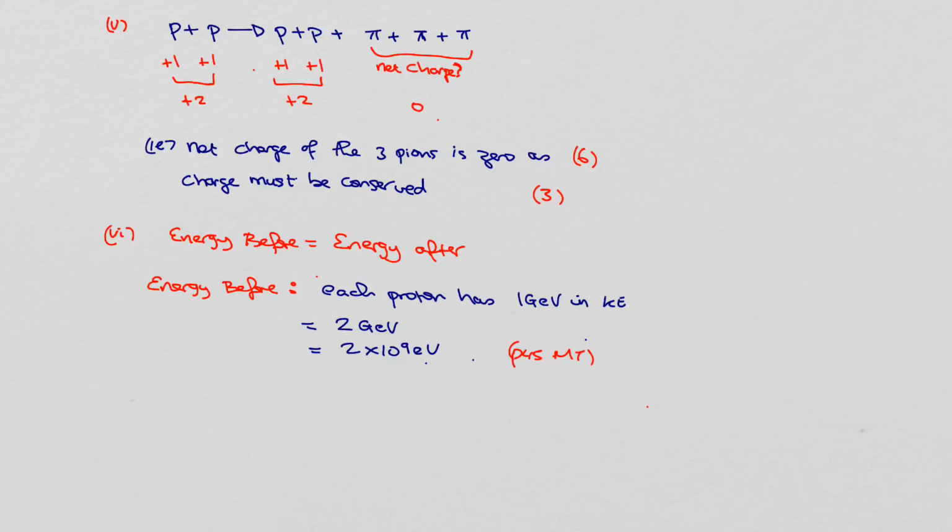Okay, so then our energy after. Well, this basically is going to be the energy mass equivalent. In other words, the energy of the colliding protons is going to be used to make the 3 pions.